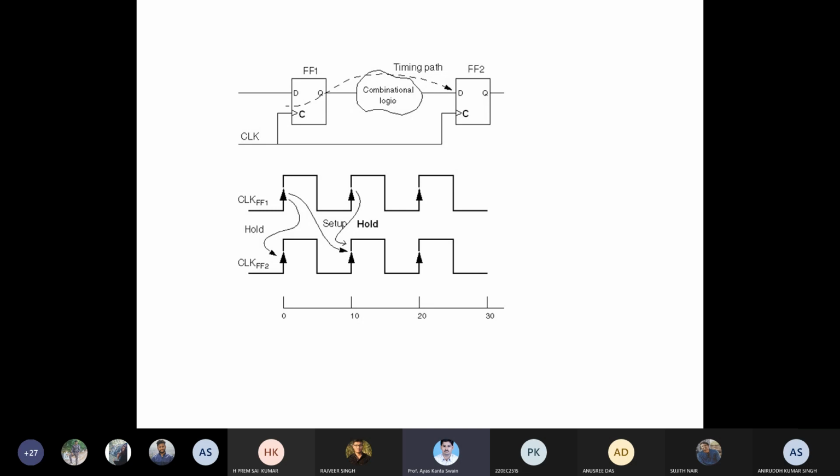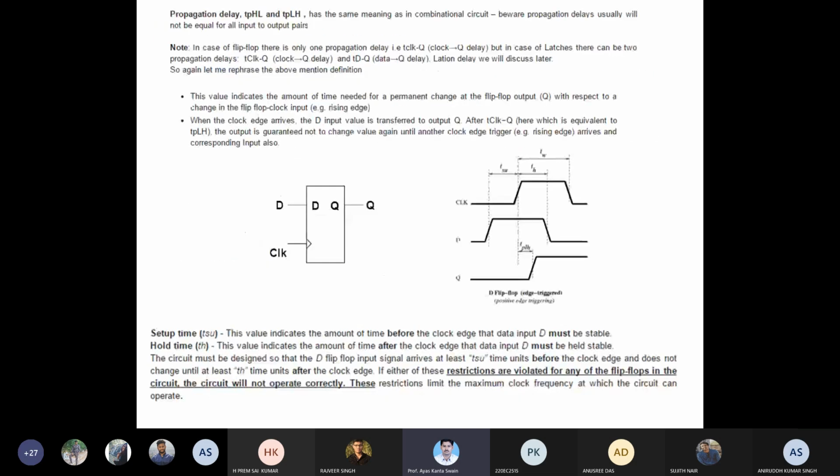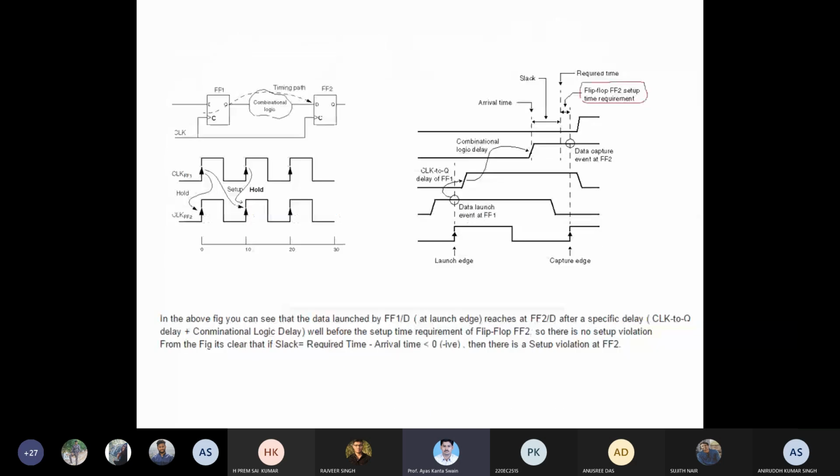Very optimized tools have been designed, and after that you have to observe, in each timing path, what your required time and arrival time are. We discussed required time and arrival time last class, and there a term comes up called slack. Slack is equal to required time minus arrival time. Required time is mostly calculated as your clock period minus your setup time. Arrival time is the actual time when the data reaches. There may be a chance that data reaches before your required time.